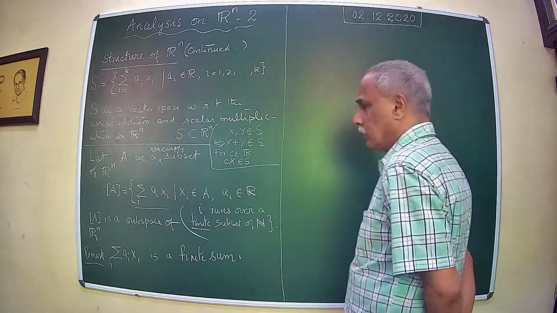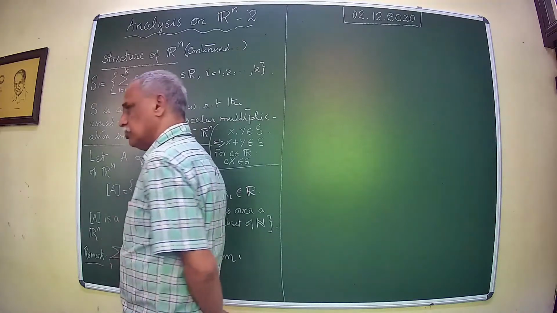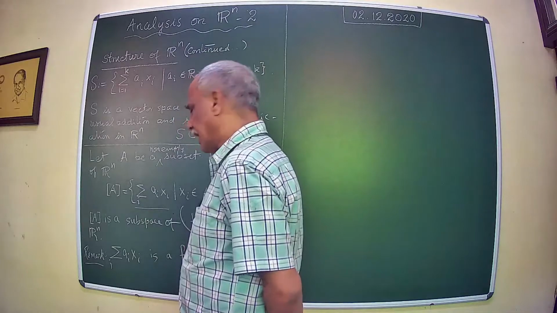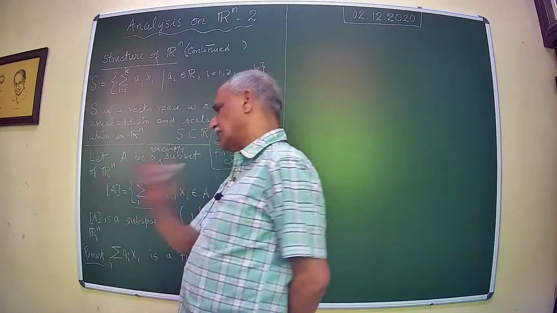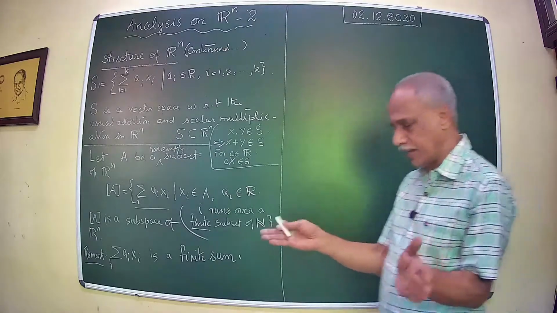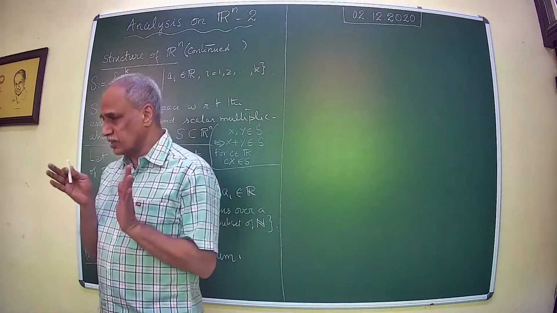That means you can even use a notation that sigma i running from 1 to infinity or something like that, but with the assumption that the ai's would be 0 from some stage onwards. So only a finite number of ai's will possibly be nonzero, all others are going to be 0.